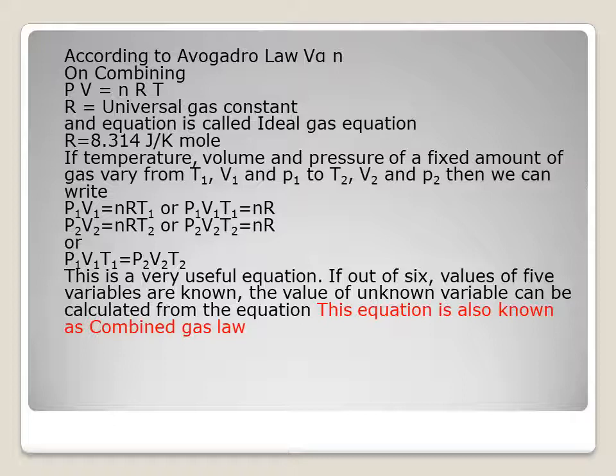We can also write P1V1/T1 = nR. Similarly for the other gas, P2V2 = nRT2 and P2V2/T2 = nR. Comparing these two equations, P1V1/T1 = P2V2/T2. This is a very useful equation. If out of 6 variables the values of 5 are known, the value of the unknown variable can be calculated from the equation. This equation is also known as the combined gas law.